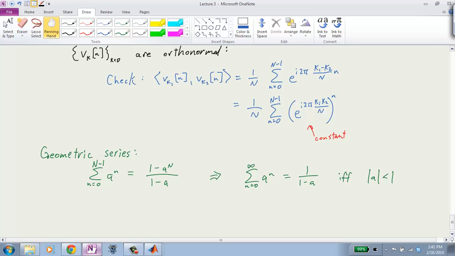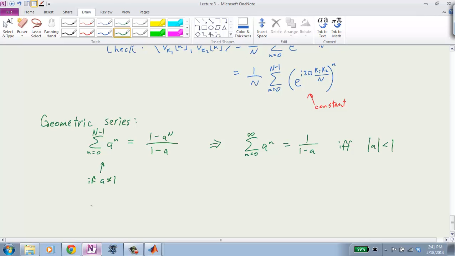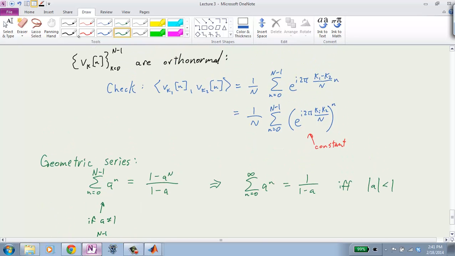As I wrote it, it would not be well defined if a equaled 1 exactly, because then the denominator is 0. So this is true if a does not equal 1. If a equals 1, then it's straightforward: 1 to the n is just 1, so this sum is just capital N.